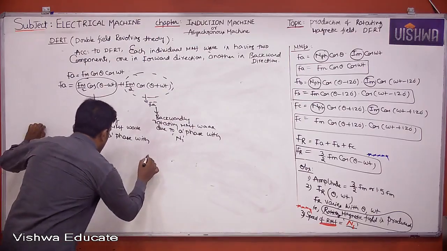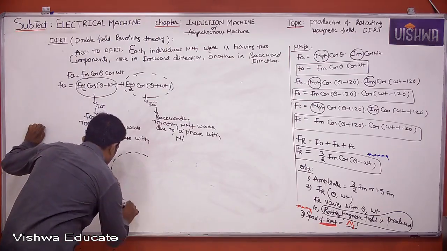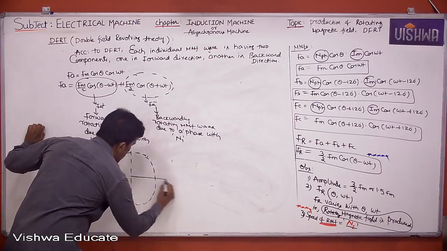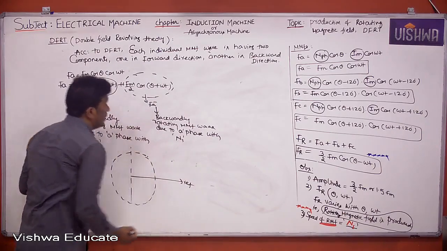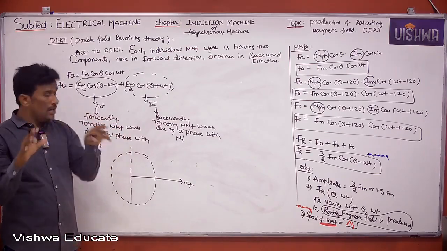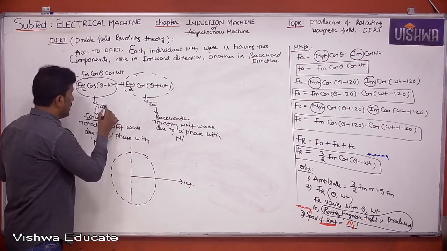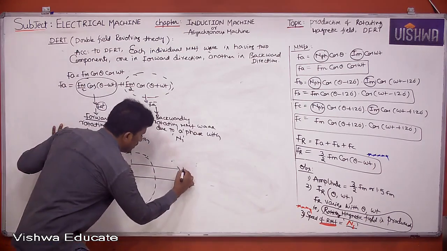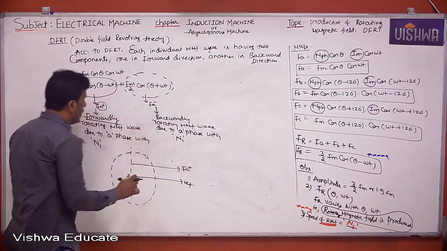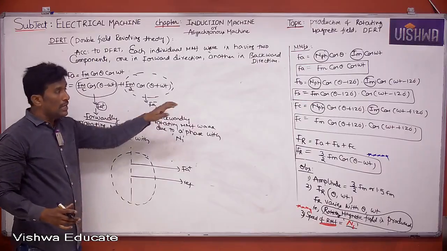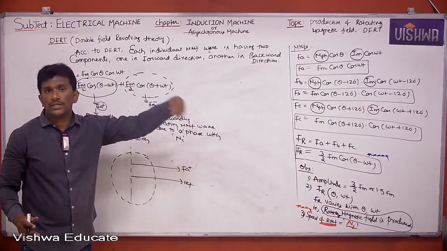Let me indicate diagrammatically like this. Let me take reference here. For forward components, I'll take FA plus as reference, and for backward components, FA minus as reference. Similarly you'll get FB plus, FB minus, FC plus, FC minus.